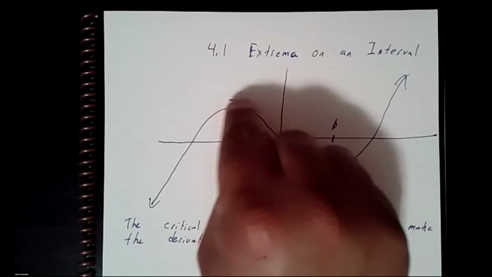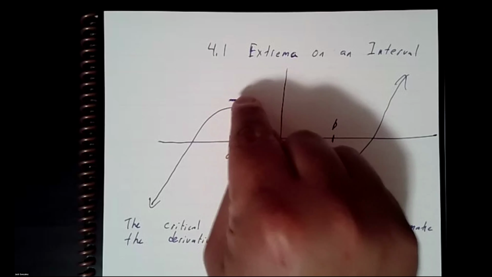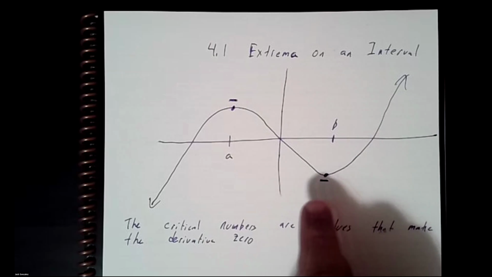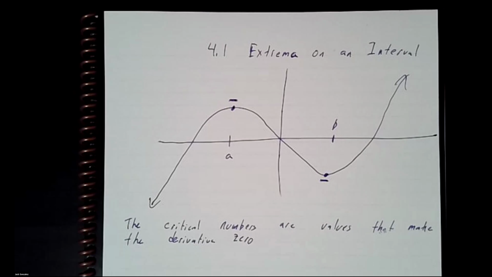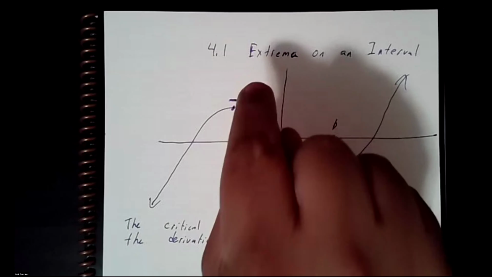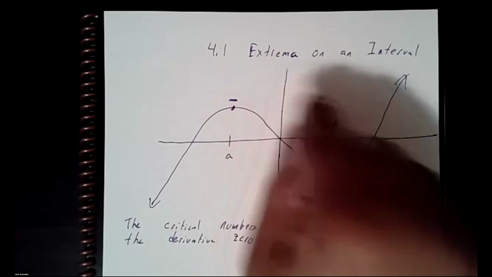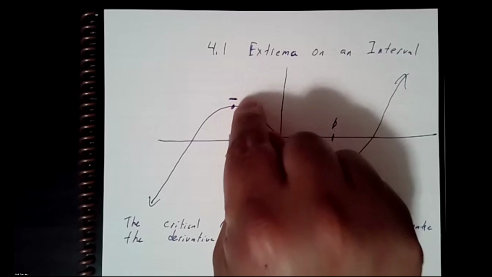Okay, so since they're horizontal lines, those derivatives are zero. The slopes are zero. So using that idea, that means that the derivative is equal to zero of this function at these locations.